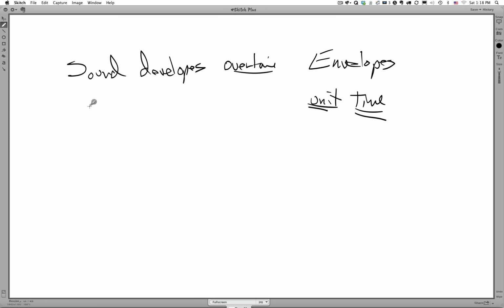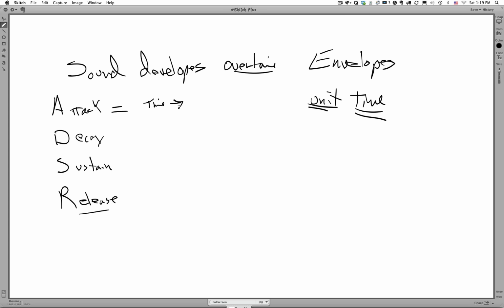The most common type of envelope is called an ADSR, and that stands for attack, decay, sustain, and release. Attack is defined as how long it takes before we reach full volume or the highest level.